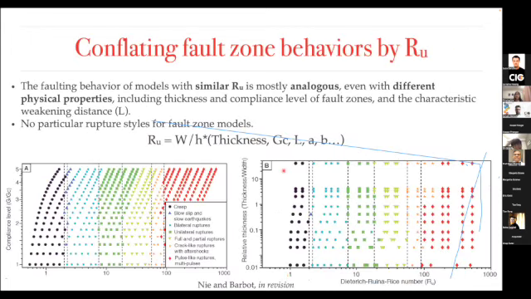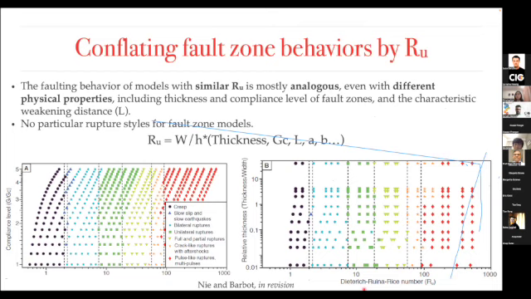Okay, and to hammer this point that RU controls the rupture complexity, and also to explore the effect of the fault zones better, we then conduct different models with different fault zone thickness and compliance level, and plot all the models here on these two phase diagrams. So the x-axis here is all their RU numbers, meaning that if they plot on the same vertical line, no matter what parameters they have, they have the same RU.